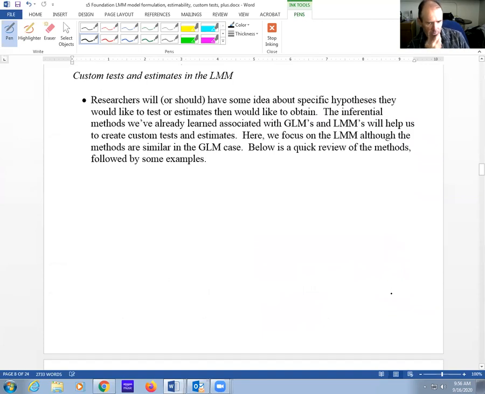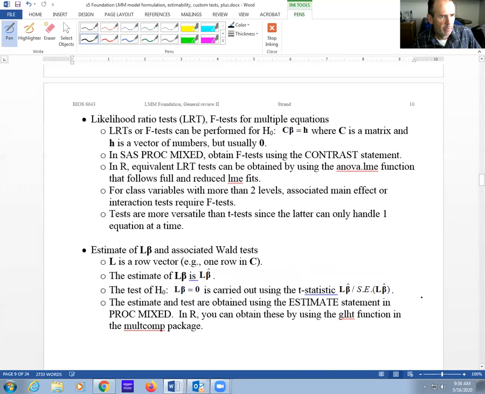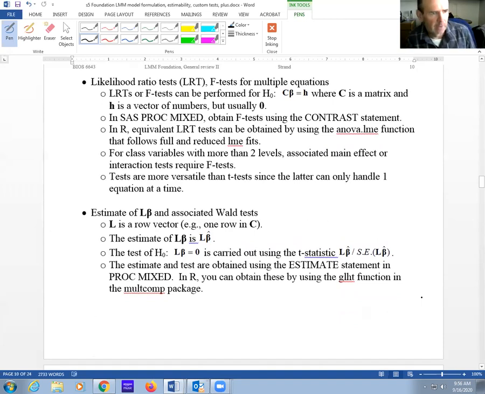Custom tests. So we'll take the last 20 minutes or so to talk about writing custom tests. The basic tests that we do for a mixed model are just like for GLM. We have F tests and T tests. When we use one or the other: if you have one degree of freedom, use T tests, if you have one L vector, one linear combination of your parameters that are of interest.